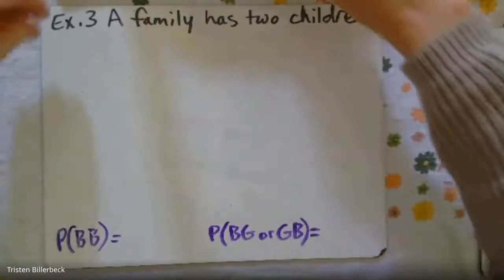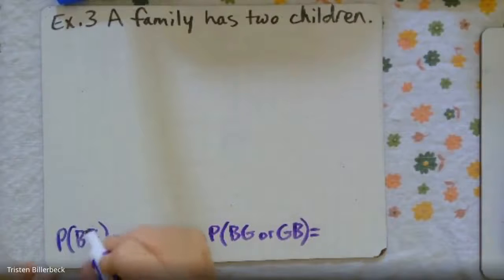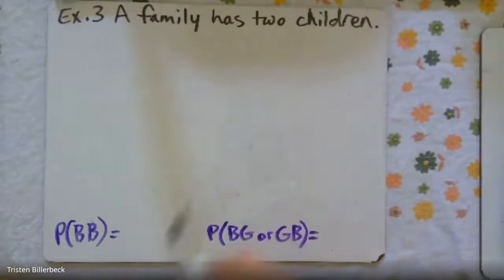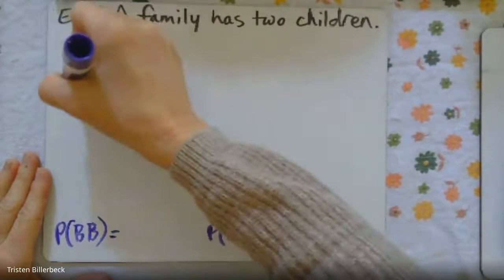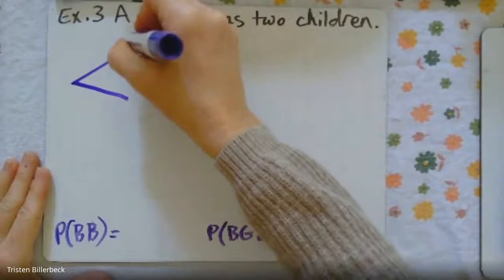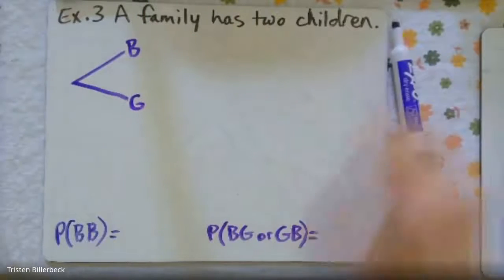All right, let's look at a family that is having a baby. And they don't know what sex it's going to be, whether it's going to be a girl or a boy. So, they're planning on 2 children. So one could be a boy and one could be a girl for the first child.